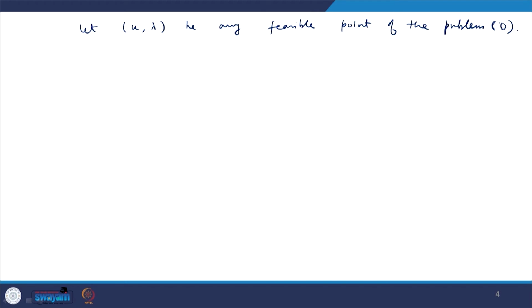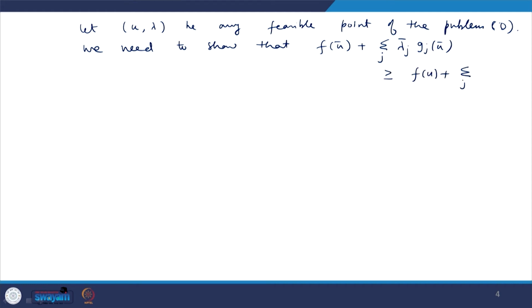Now, we have to show that u bar lambda bar is an optimal solution. That means we need to show that f u bar plus summation over j lambda j bar g j u bar is greater than or equal to f u plus summation over j lambda j g j u, because it is a maximization type problem.